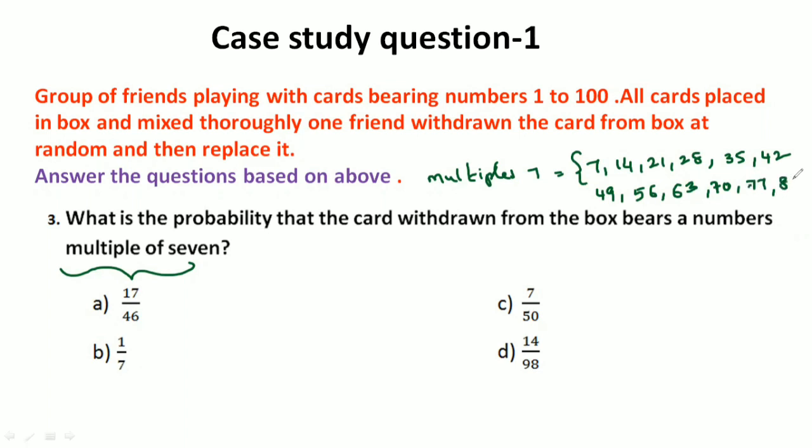And 7 twelves are 84, also less than 100. Like this, we arrange all the multiples of 7. 12 sevens are 84, 13 sevens are 91, and 14 sevens are 98.